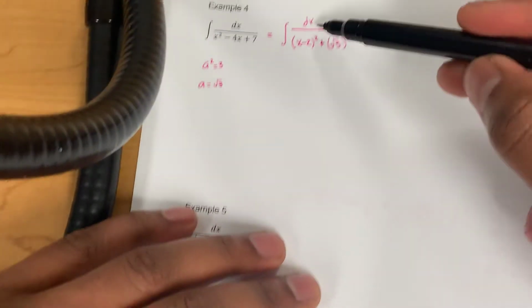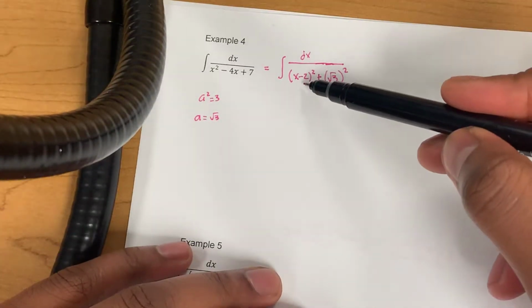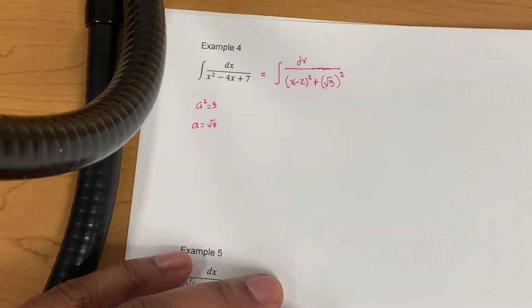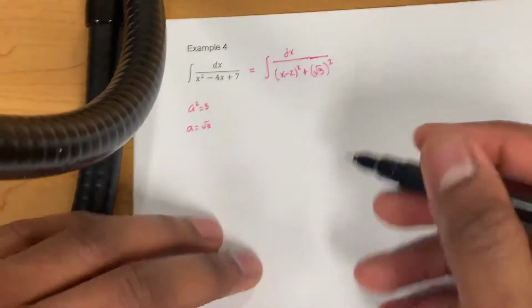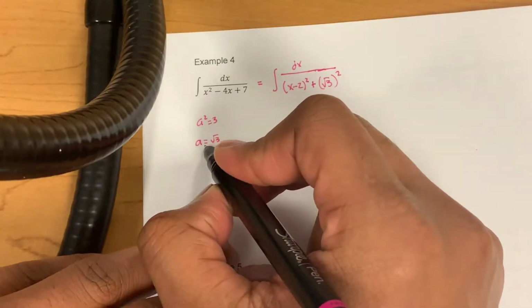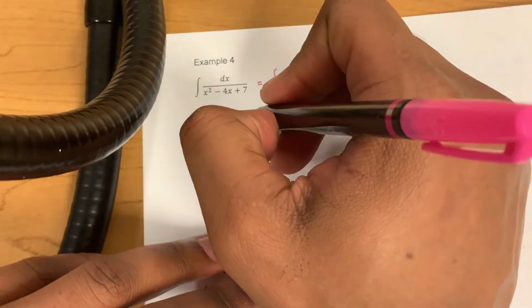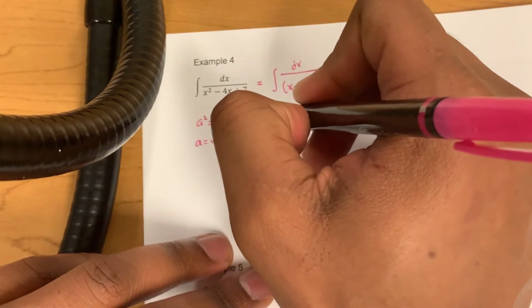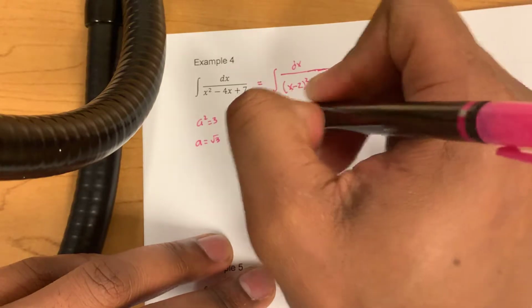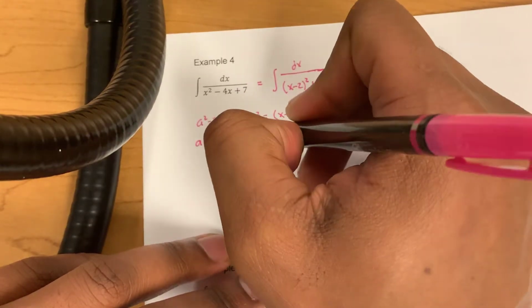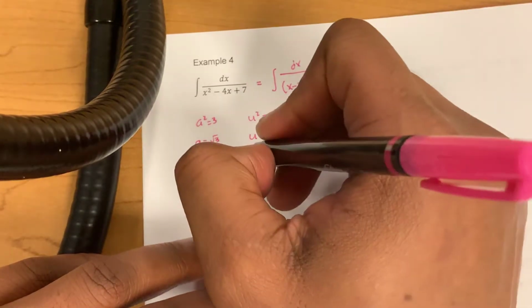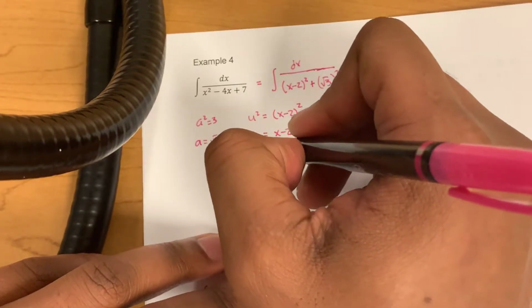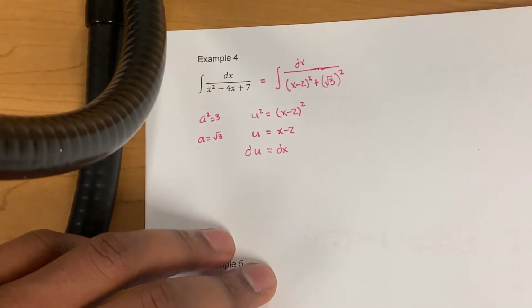So again, we have a rational function, no square root. So this is a good indicator that we're gonna have inverse tangent. So a squared is equal to 3, a is square root 3. U squared is equal to x minus 2 squared. And so u is x minus 2, and du equals dx.